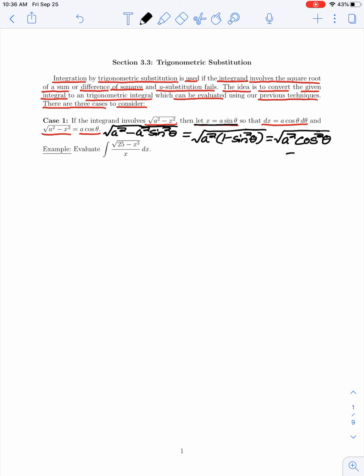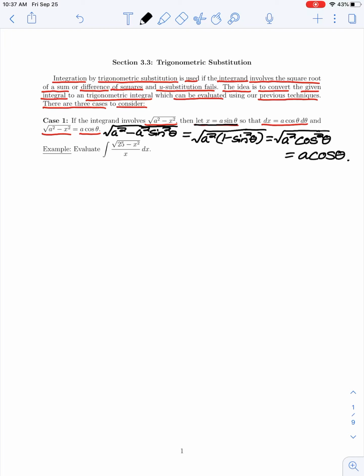So taking the square root of this, I'm left with just a cosine theta. So our goal is to take these expressions involving, say, the square root of a difference of squares and make some substitution of my variable x by something involving a trig function, in this first case, something of the form a sine theta, so that that radical expression, the square root of a squared minus x squared, reduces to a times cosine of theta.